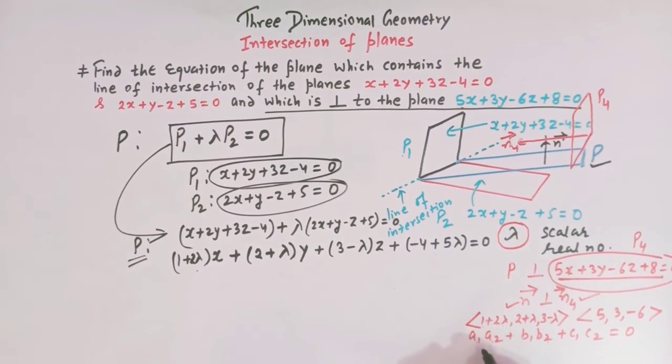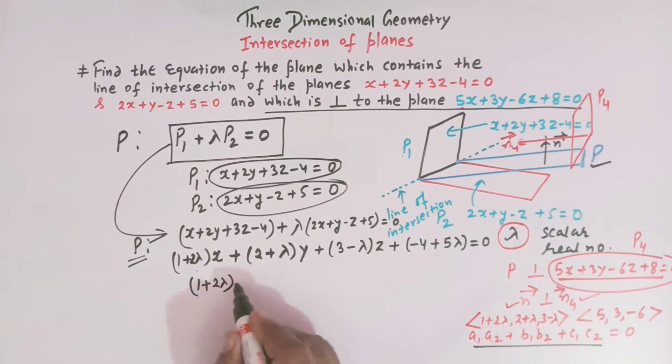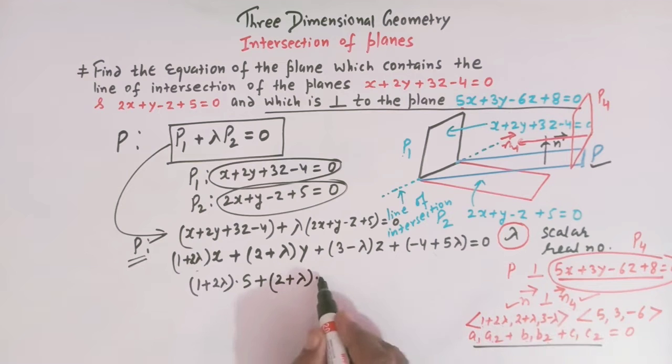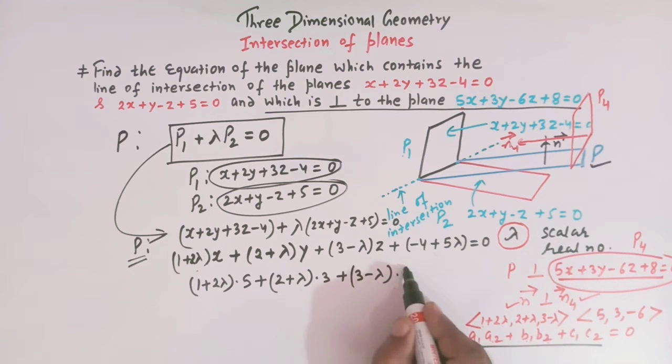So now we can write this equation as 1 plus 2 lambda times 5, then we have b1 b2, so 2 plus lambda times 3, and then we have 3 minus lambda times minus 6, right?